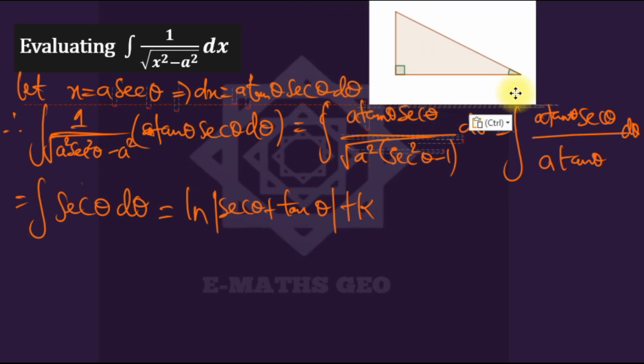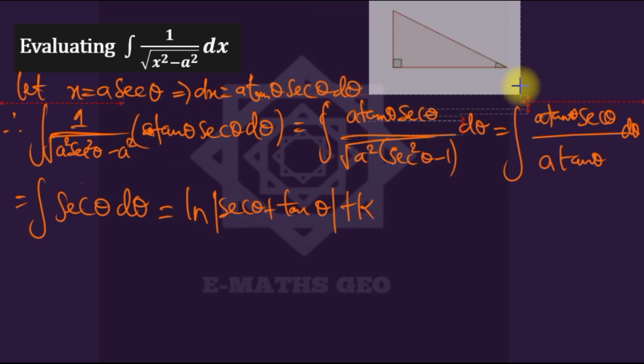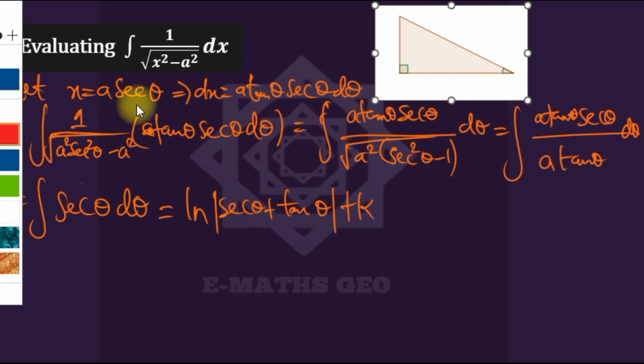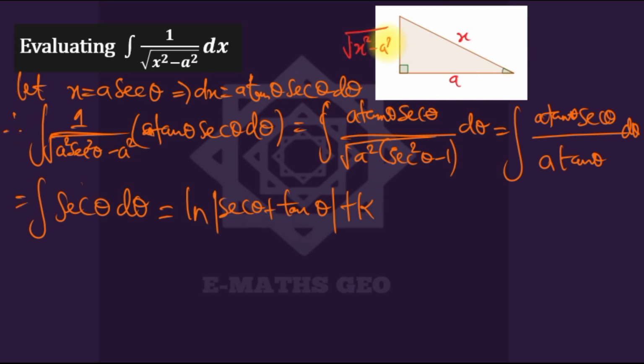So in this case our theta is opposite. This is sec theta, that's cos theta is now a over x, so we have a over x, so this is now the square root of x squared minus a squared.